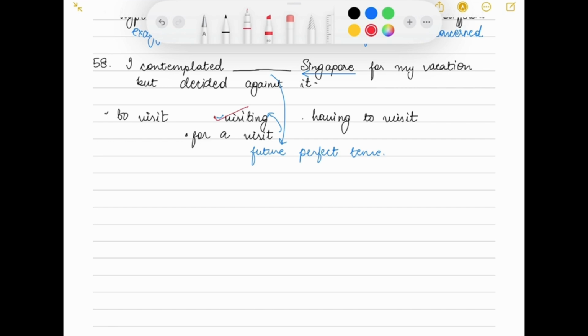The correct answer will be visiting. I contemplated visiting Singapore for my vacation, but then decided against it. Basically, we're talking about a past where we made some decisions about the future, so there we use the future perfect tense.